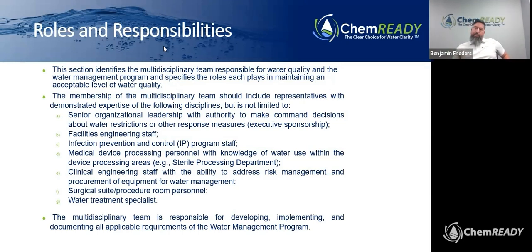If you're an ambulatory surgical center, it's probably one person doing a lot of these jobs, right? Wearing multiple hats. So keep that in mind when you look at this section.